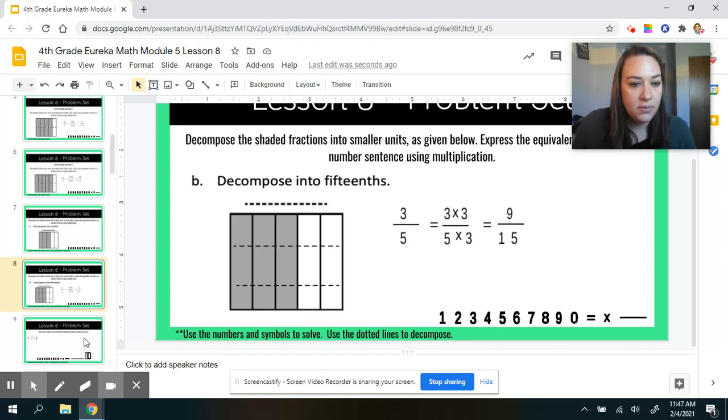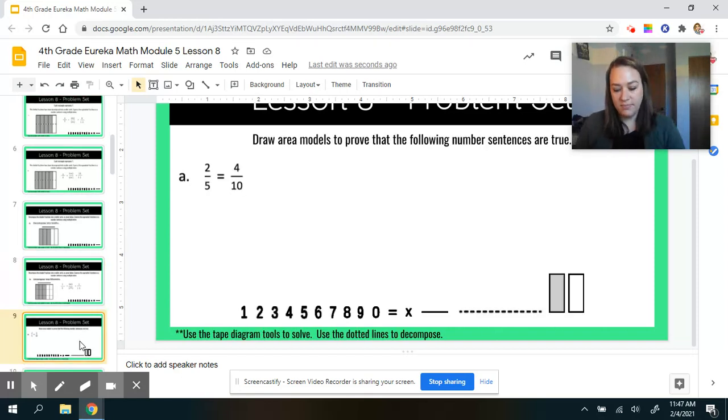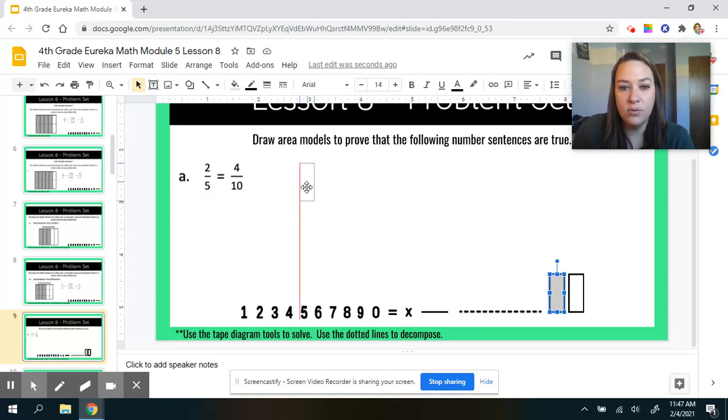Good. So we will do one more for this lesson. All right, so this one is giving us the equivalent fractions, and then it wants you to draw the area model to prove that this is true. Okay, so what are we starting with? We're starting with 2/5. So I need 2 of those 5 shaded. 2 is my numerator, so I'm going to have 2 shaded, but I need 5 total, right?